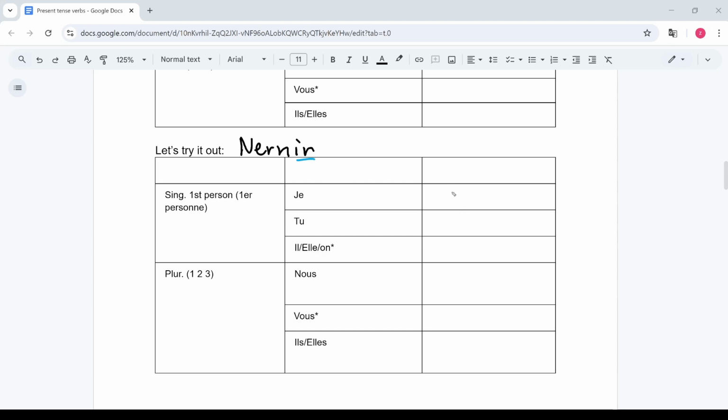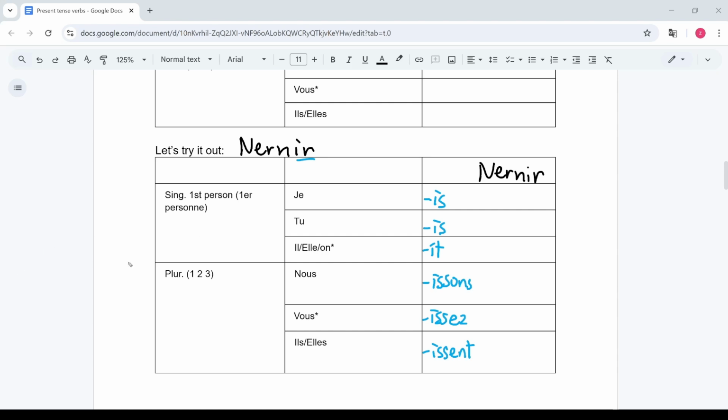Let's remember what our endings for IR verbs are. Je becomes IS, tu IS, il, elle, on, IT, nous becomes ISSONS, vous becomes ISSEZ, and finally, il, elle, pluriel becomes ISSENT. And so let's write our verb again up here. Nernir.